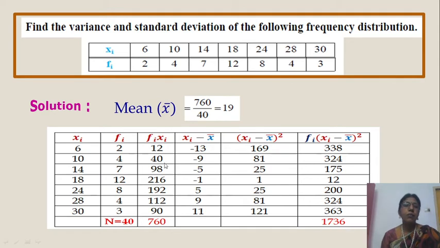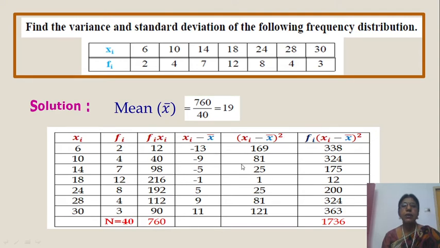Okay, ma? We use sigma fi xi for finding x bar. After finding x bar, write these columns. Xi minus x bar means xi minus 19. 6 minus 19 minus 13. 10 minus 19 minus 9. 14 minus 19 minus 5, like that. This is xi minus x bar. Then let whole square of these numbers. Then multiply these numbers with fi.